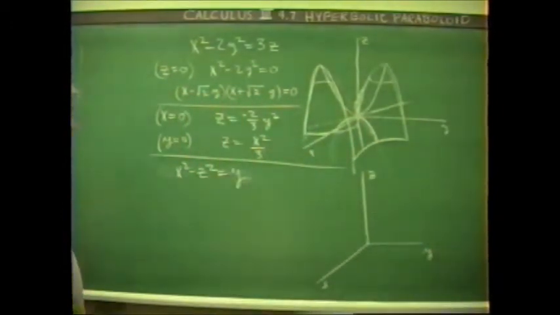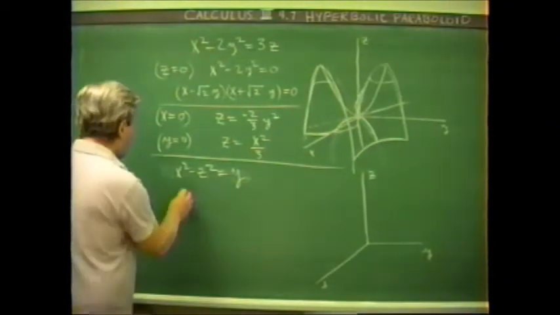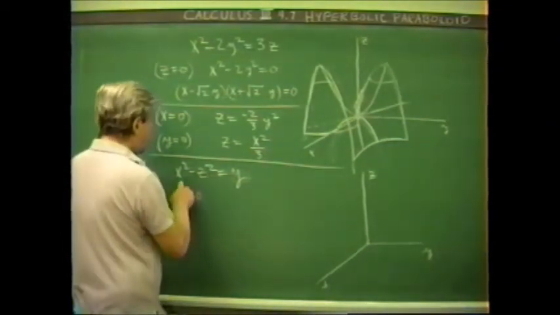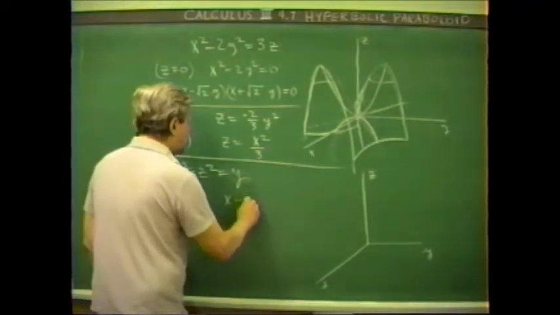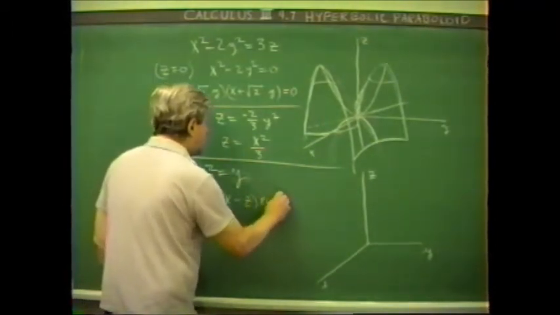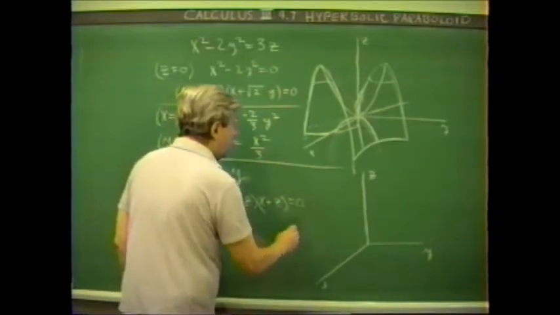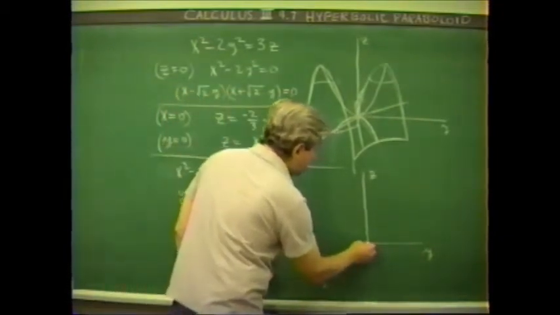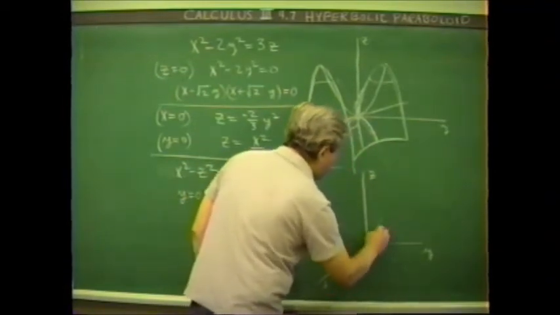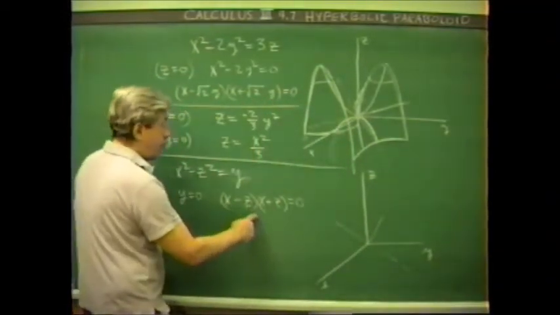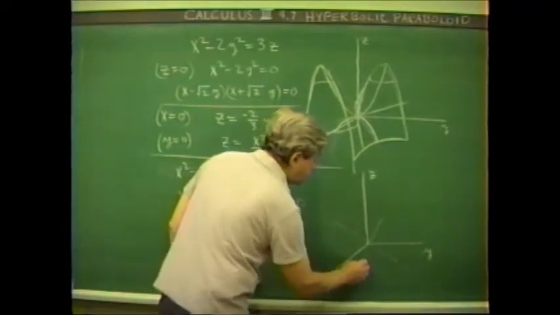And now what happens here? When y is equal to 0, we get these two lines again. We have x squared minus z squared is equal to 0. Let's say x minus z times x plus z is equal to 0. So there are two lines in the xz plane, namely x equals z and x equals minus z.